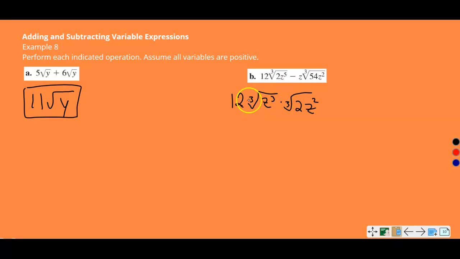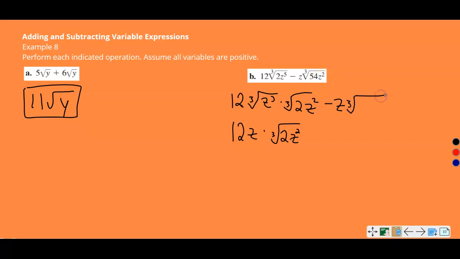Now, why did I do that? Because this one's now going to cancel and leave just z. So I'm going to have 12z times cube root of 2z squared. Now, that's only the first part I've broken down. So I need to now do the same thing to the second radical. So I'm going to have minus z. That's already there. And then the cube root.